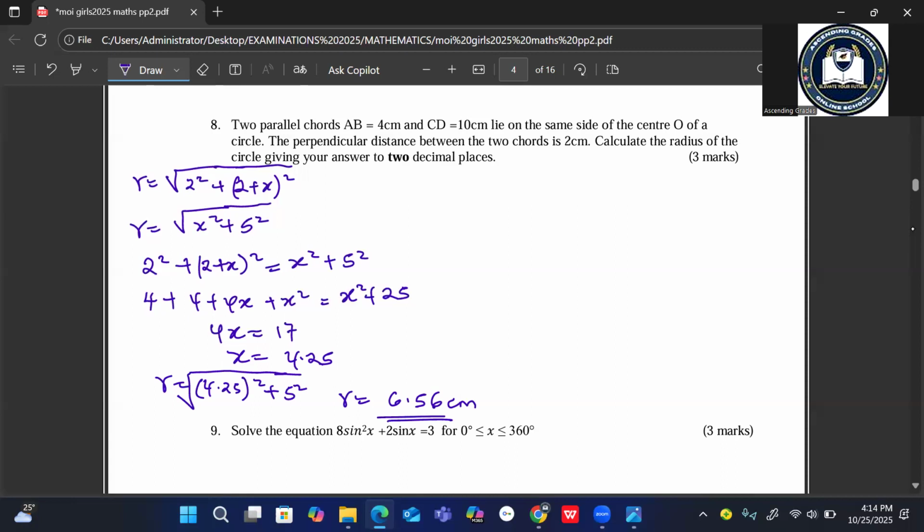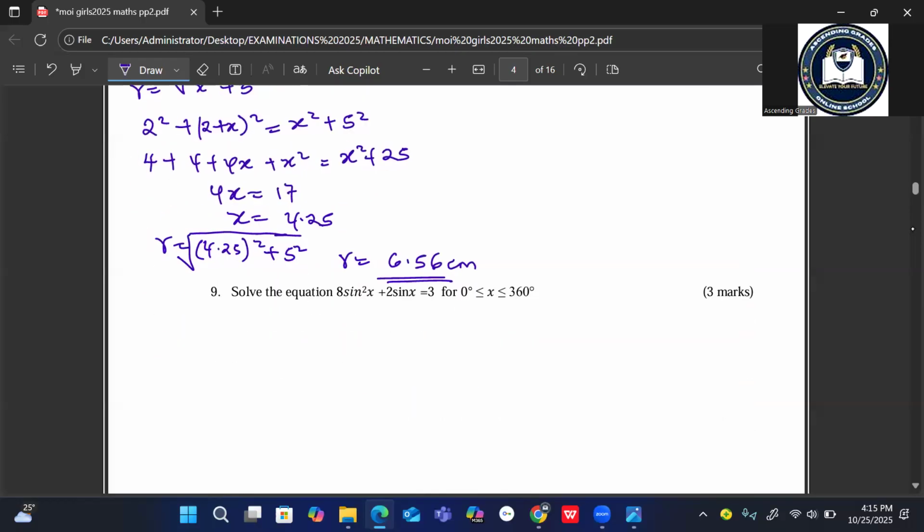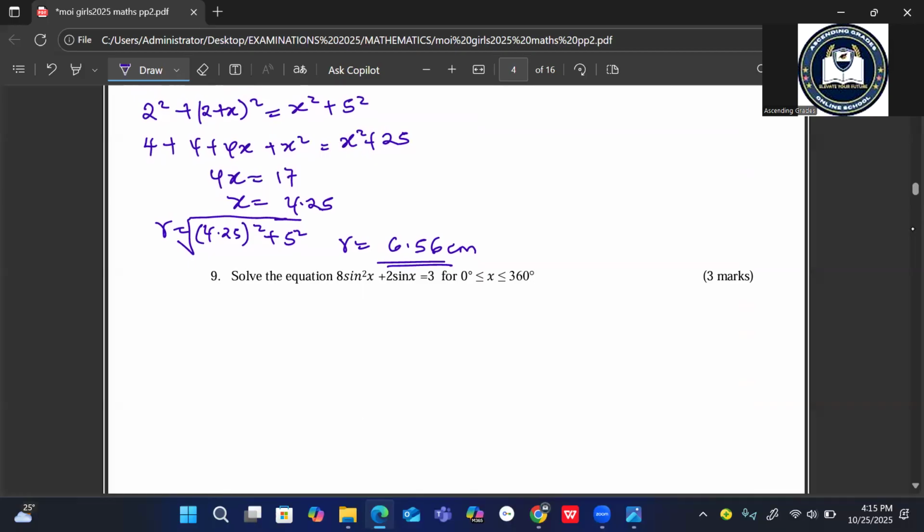So that is the value of R now. That will be 6.56 in 2 decimal places, remember? So we had it that way. Then the next question is number 9.